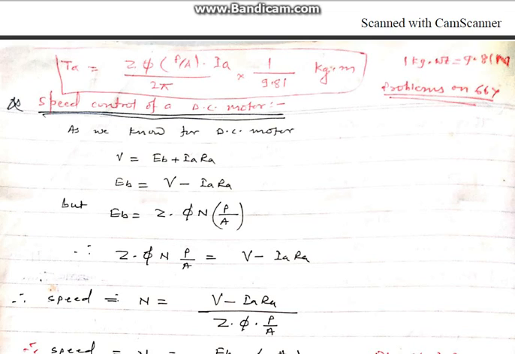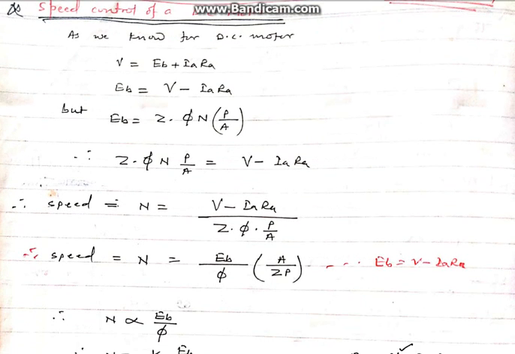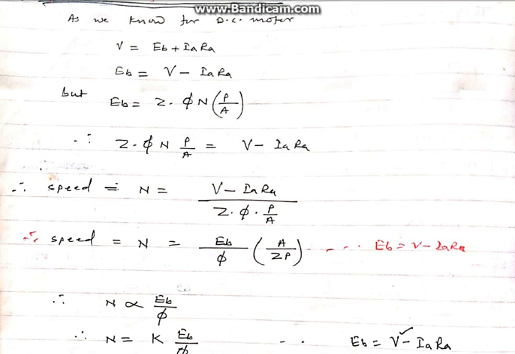But EB is explained in terms of electrical and non-electrical quantities as Z phi N P upon A. If we put these values in the above equation, we can get N, the speed of DC motor, as V minus IA RA upon Z phi into P upon A.